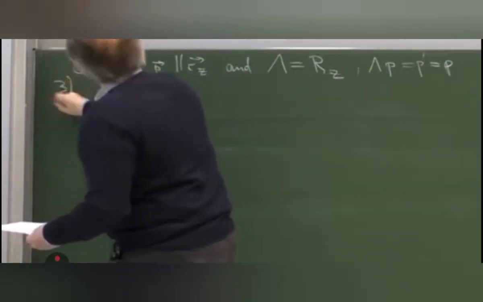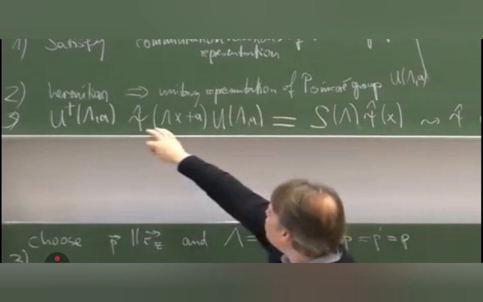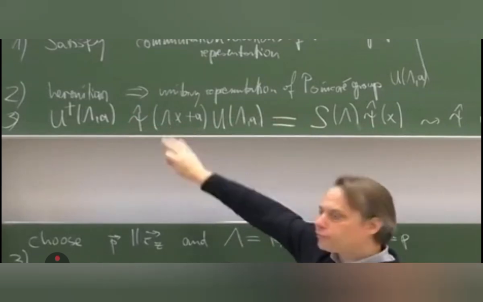Then, if we apply this relationship here, this third one, with a complicated Lorentz or Poincaré transformation of the field operator, we can now write this down in the following way.